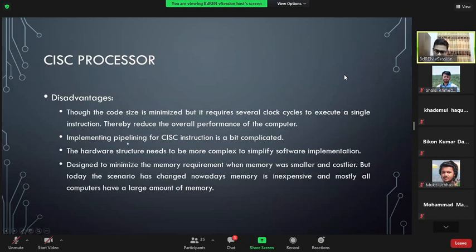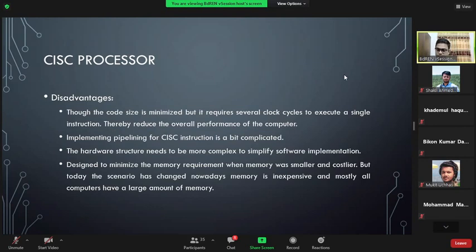What is pipelining? It is a technique by which you can execute the instructions one by one.